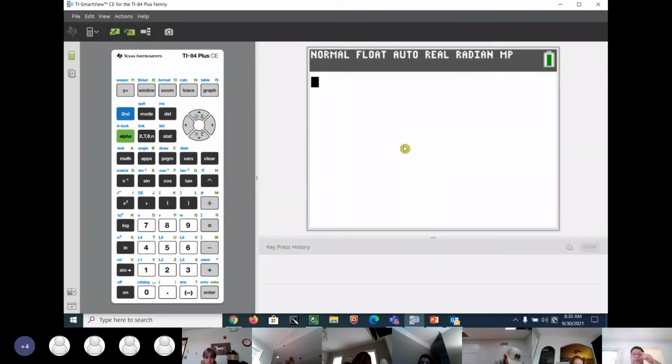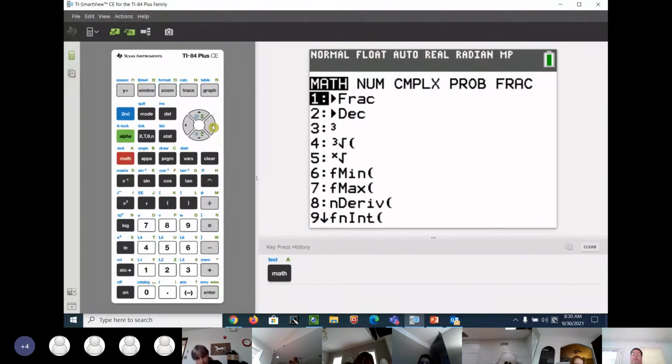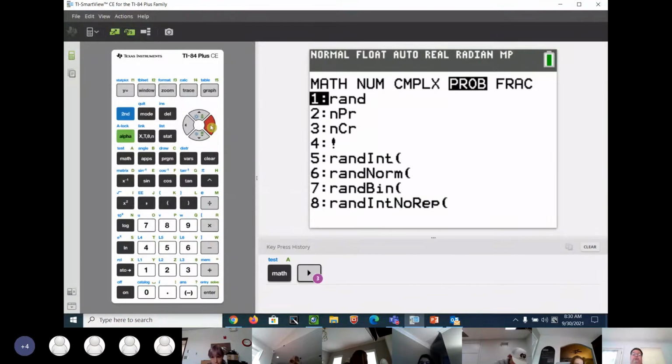Okay, so it's under the math key. Hit math, go over to probability, and the 3 keys that you need to know about are number 2, number 3, and number 4. Number 4 is factorial.